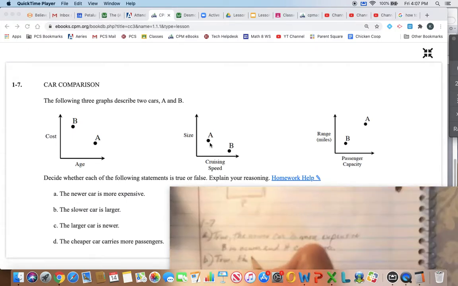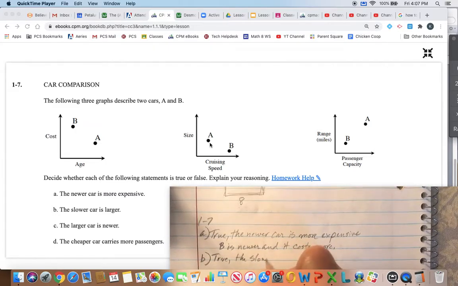The slower car is larger. And we know that because A is slower and it is larger.